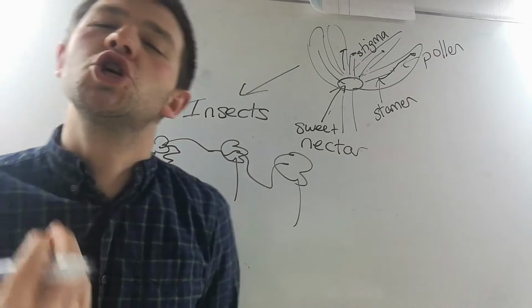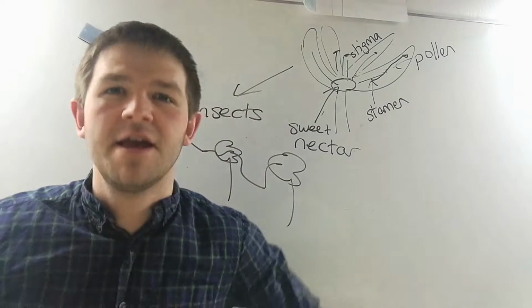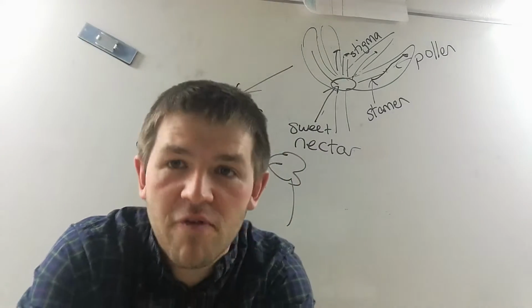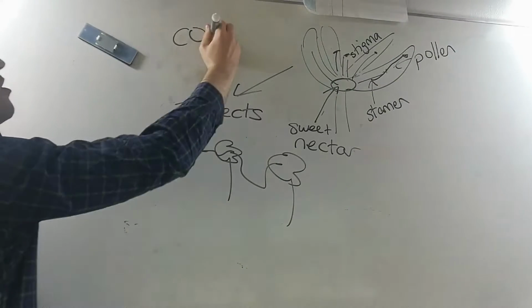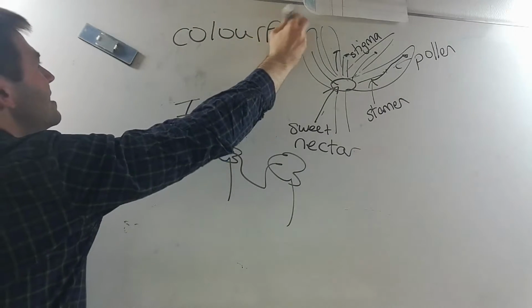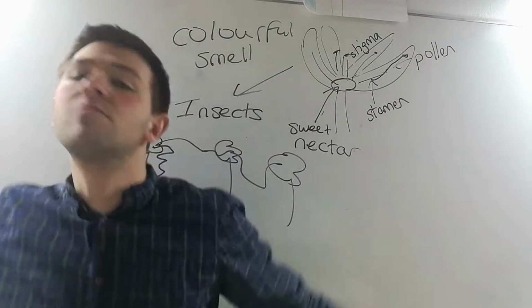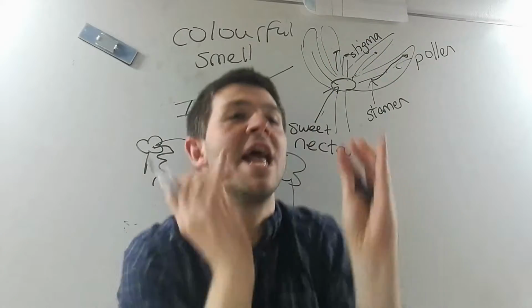Oh my goodness, the nectar is so sweet, so tasty. And if you're a bumblebee, it is irresistible. So the bees look for the flowers and they have to find them. So the flowers have to be colourful. They have to smell great. So the bees go, there is the sweet, juicy nectar.